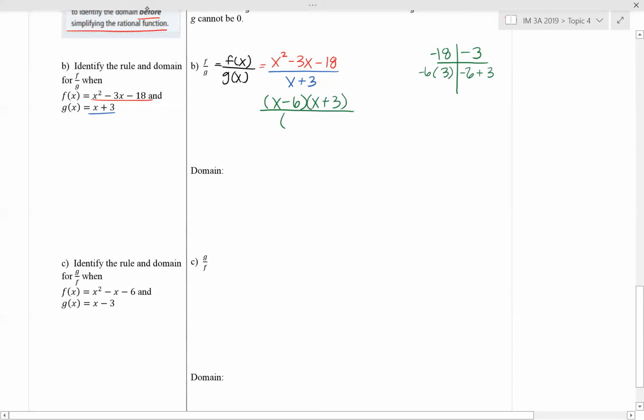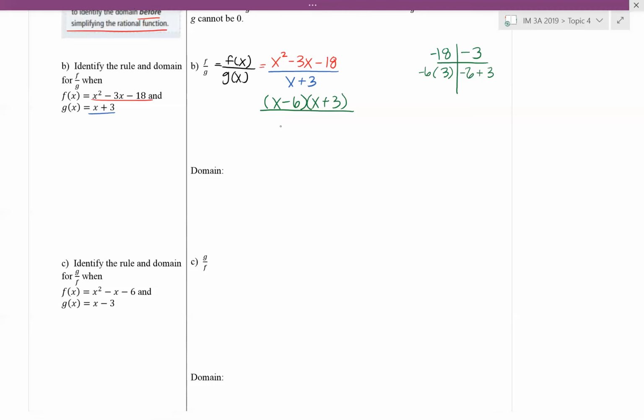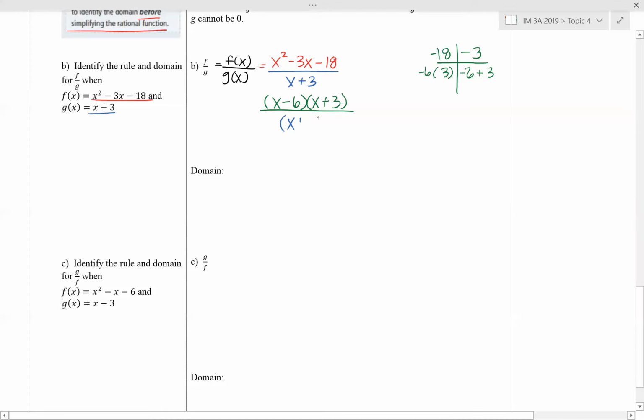over the x plus 3, that was g of x. Notice that this time our x plus 3 cancels, so there's nothing left in the denominator, and our answer is just x minus 6.